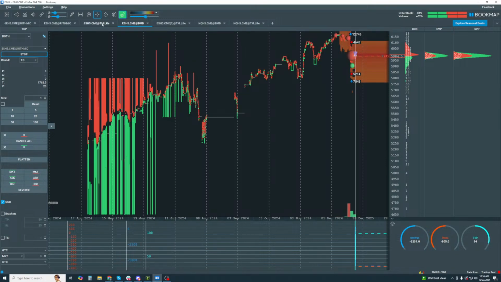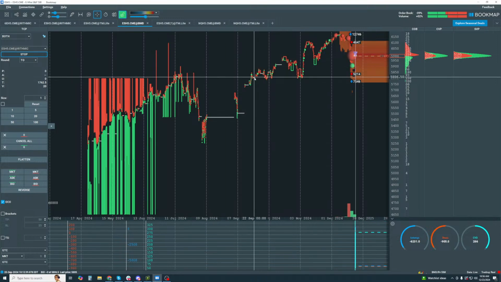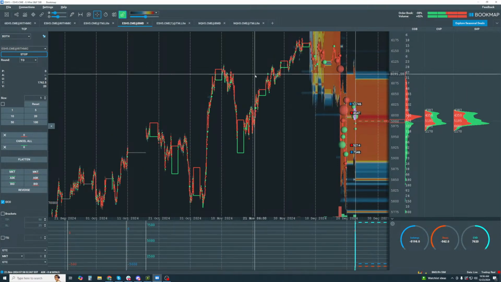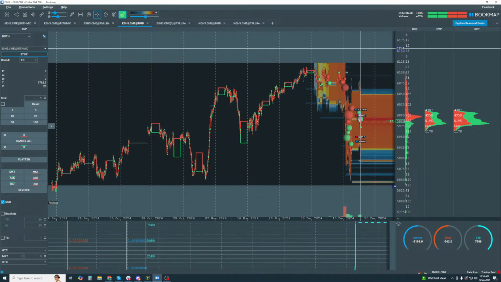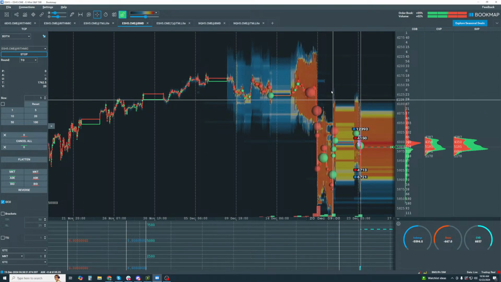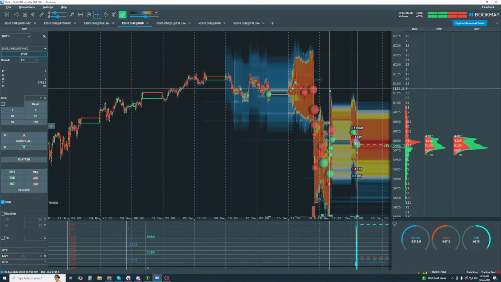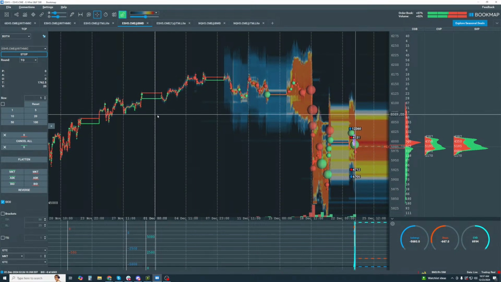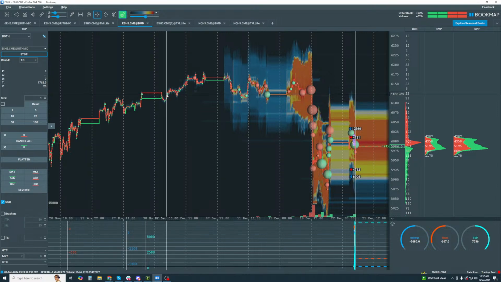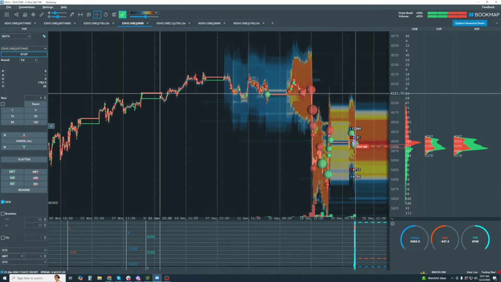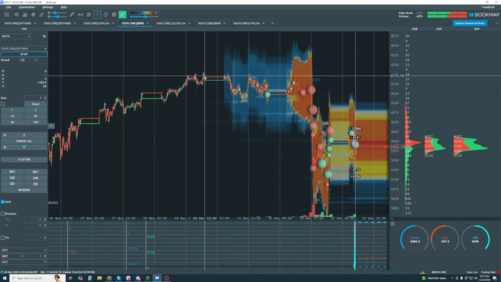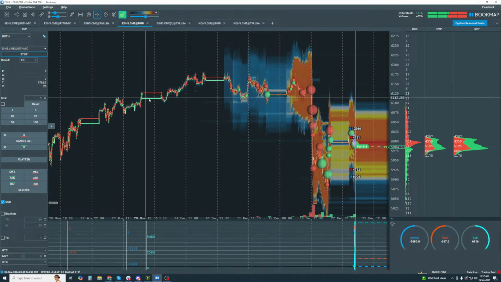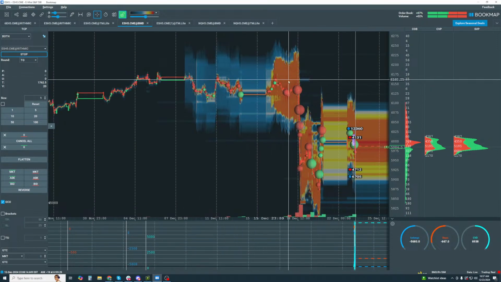I think that's it. Yeah, you can see here, this is back to December 1st, right around in here. So you can see the weeks divided by the overnight or the weekend sessions in here.